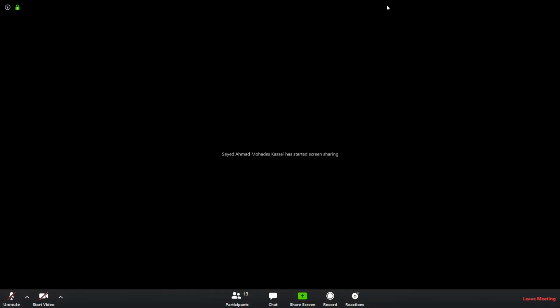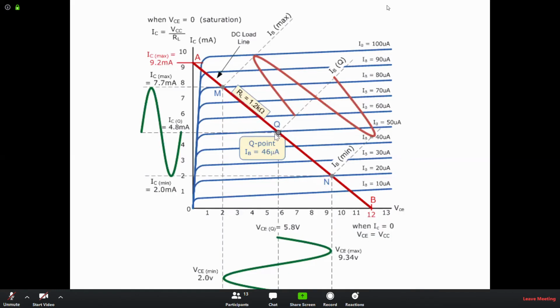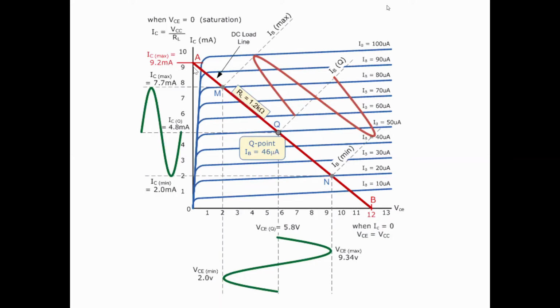We need to choose this quiescent point somewhere around the midpoint on the load line. This red line is called the load line.